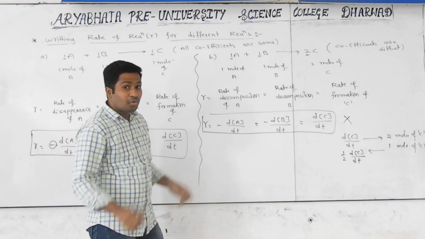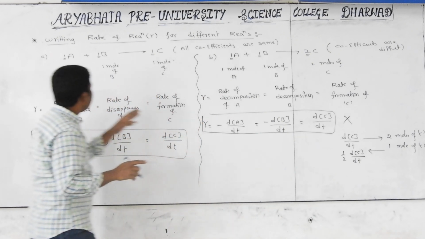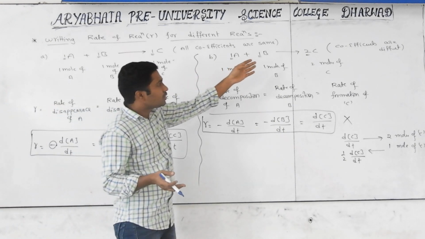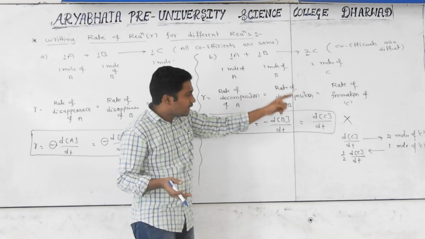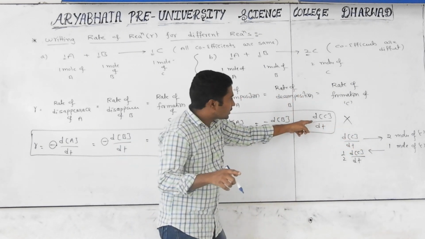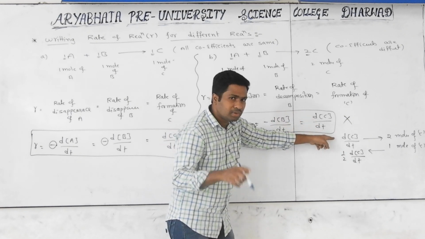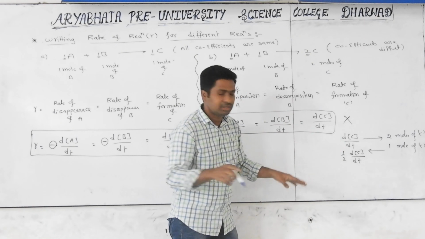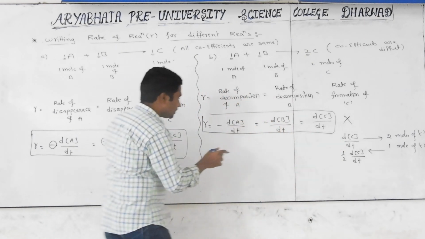Are you ready now? Okay, keep in your mind one thing. If all the moles are the same, no problem. But if different moles are involved in the reaction, we should always express the rate of reaction for 1 mole change. But here the change is for 2 moles, and I want it for 1 mole, which is nothing but 1 by 2 of dC by dt. So can we modify this one?